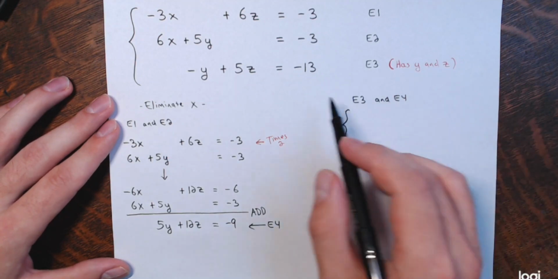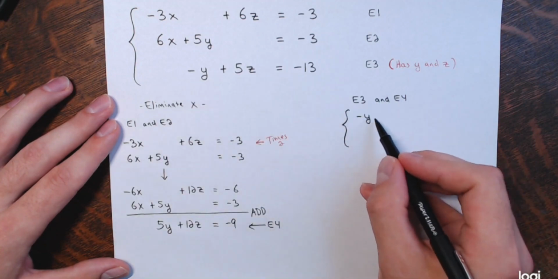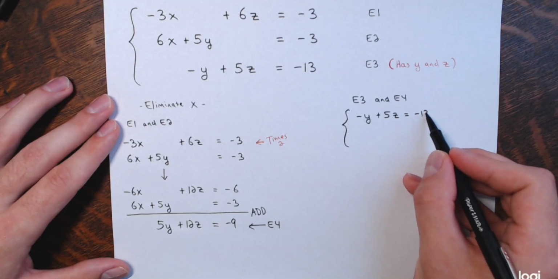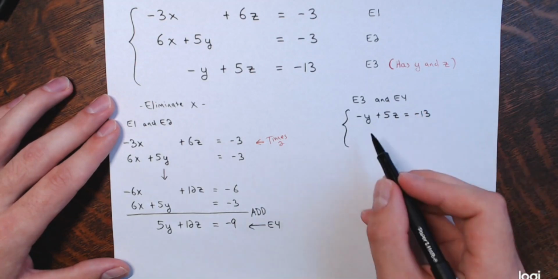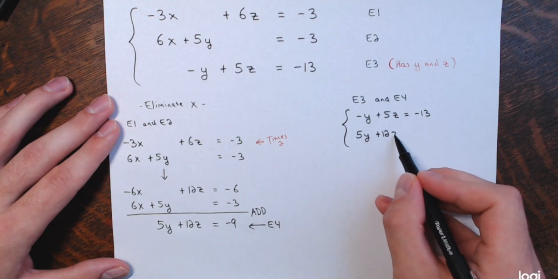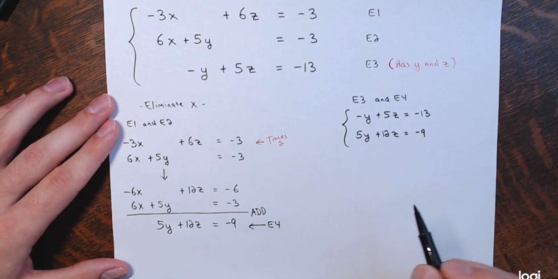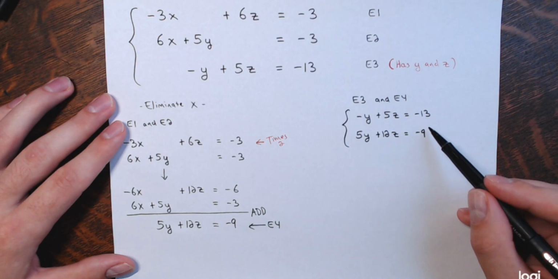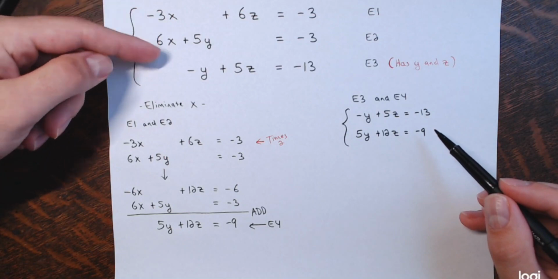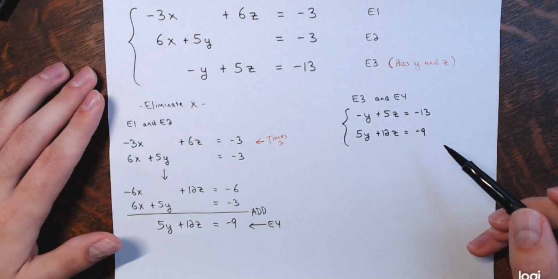So equations 3 and 4: I have negative y plus 5z equals negative 13. In this one you have 5y plus 12z equals negative 9. And you solve this system for y and z, and then go back to one of the equations 1 or 2 with x in it and solve for x.